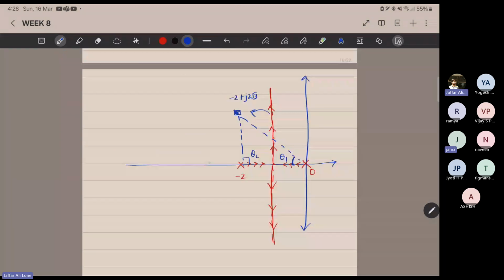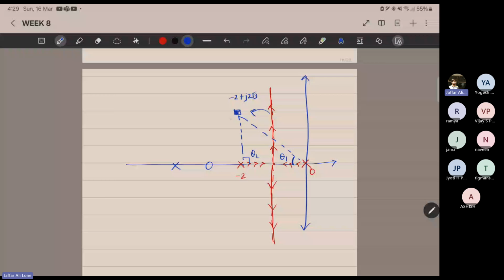So let's assume my zero is somewhere here and my pole is somewhere here. So I added a zero and a pole. By designing a lead compensator, I'm adding a pole and a zero.